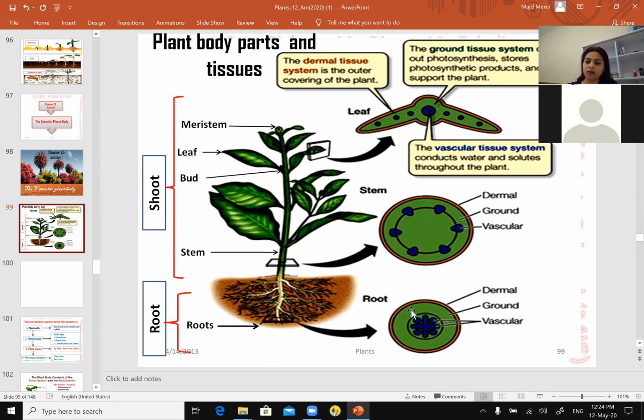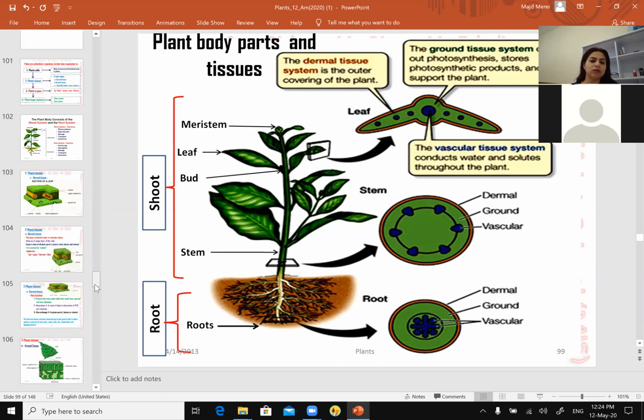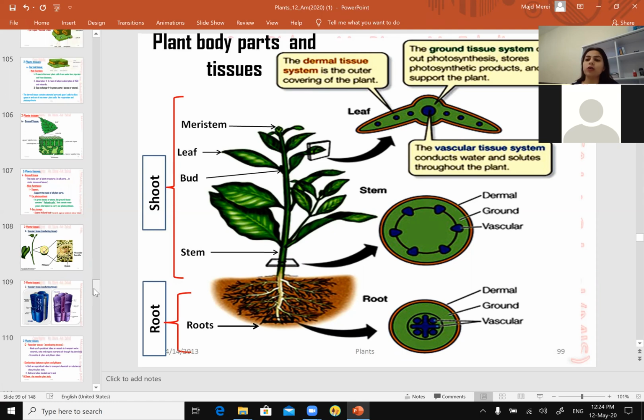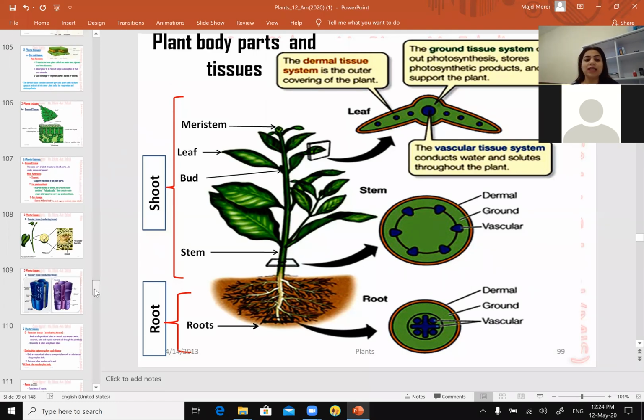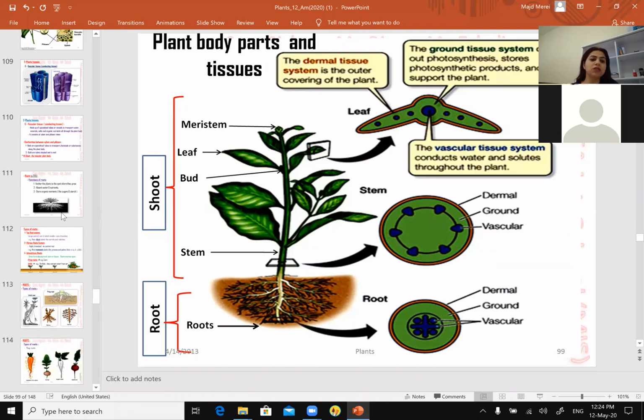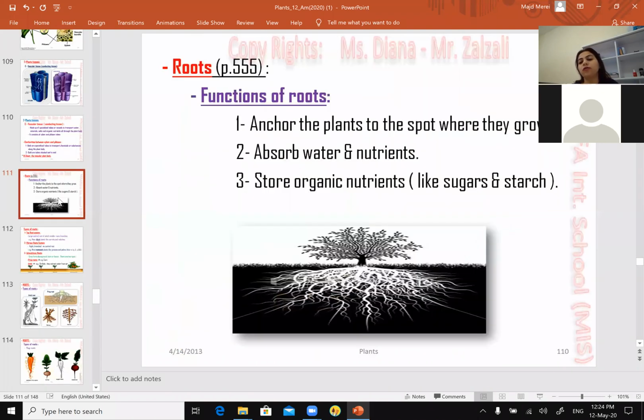Yes, the tissue that is surrounding the vascular tissue is ground tissue. In today's session, you will learn how to label these three tissues within a cross section and longitudinal section of roots. Let's first go through the functions of roots, which you already learned before.